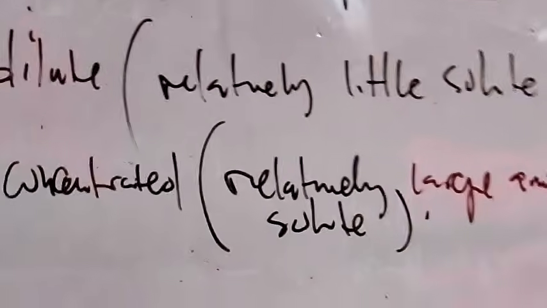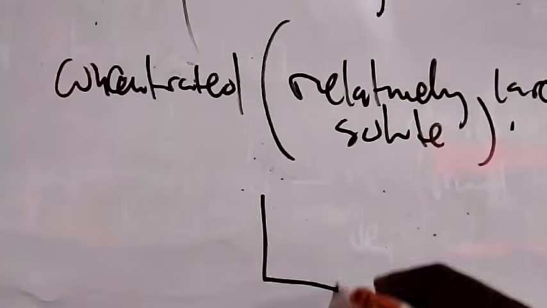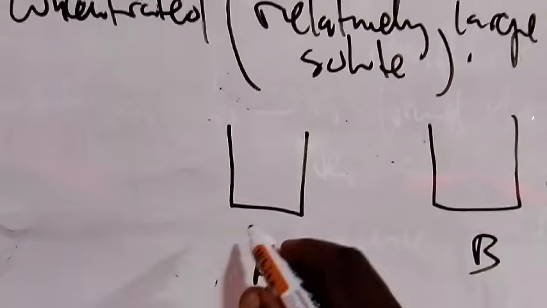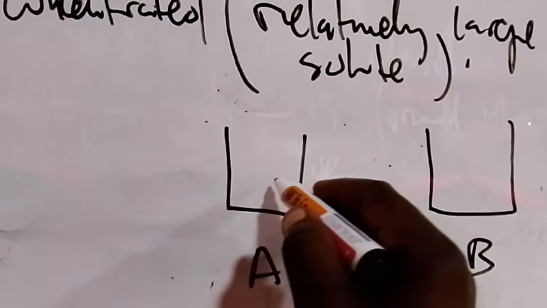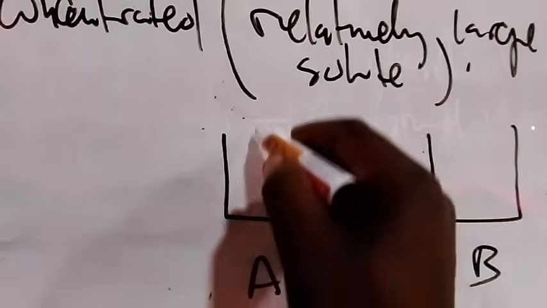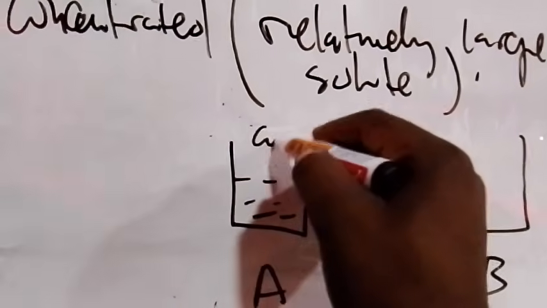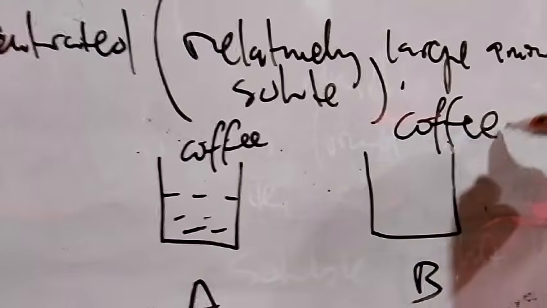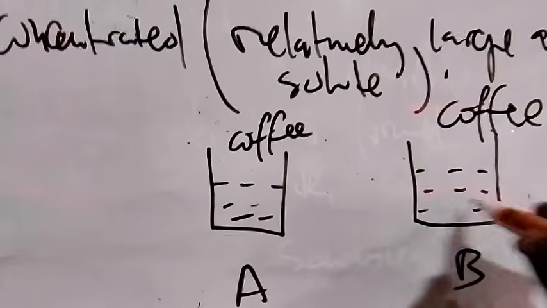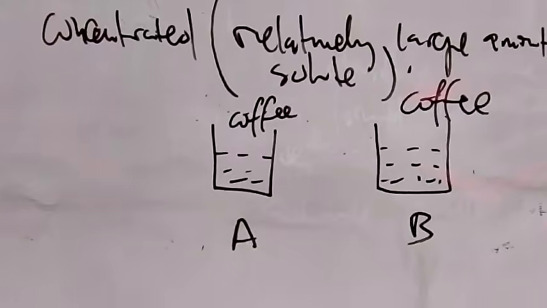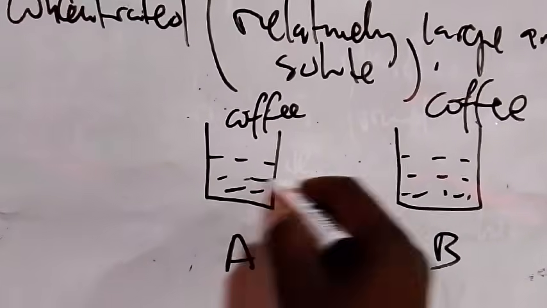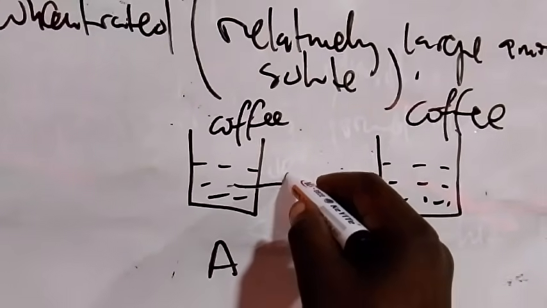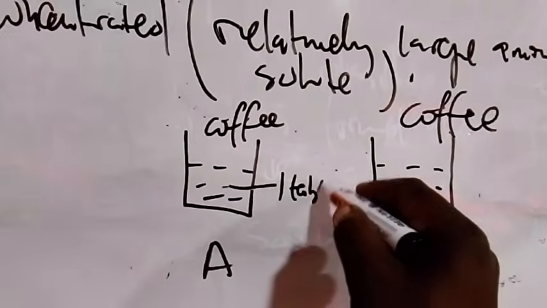For example, when you make a cup of coffee, suppose this is A, B. Here you add coffee. In cup A, you add 1 tablespoon of sugar.